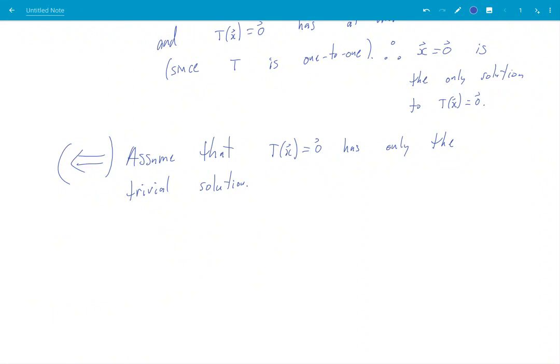What I'll do is I'll say, let's say that T of x is equal to b has two solutions: x is equal to x1 and x is equal to x2.